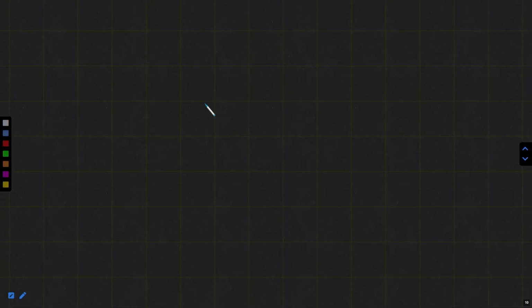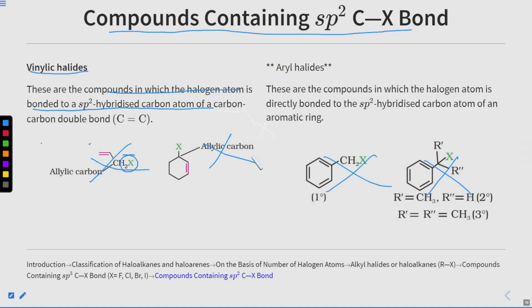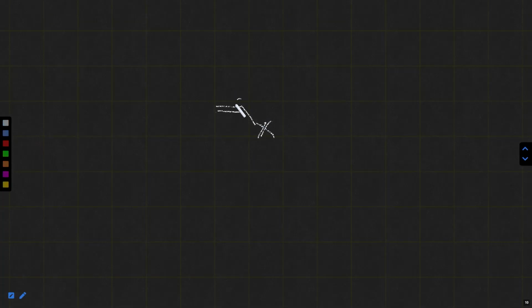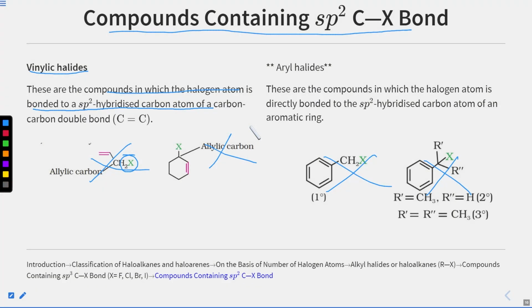For example, if we take an example like this and attach the X here, then we will term it as vinylic halide. These are compounds in which the halogen atom is bonded to the sp2 hybridized carbon of a carbon-carbon double bond. You can see that this is the carbon-carbon double bond and the halogen is attached to this carbon only. So in this case, you will term it as vinylic halide.